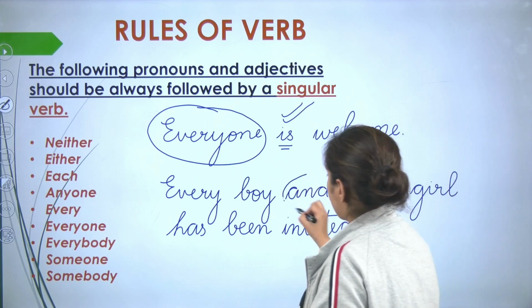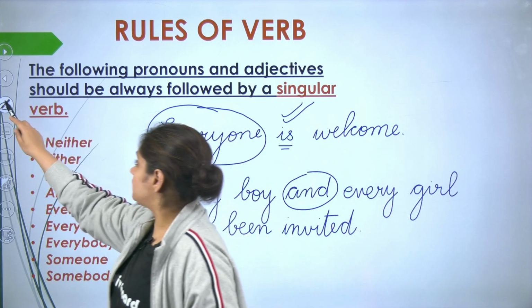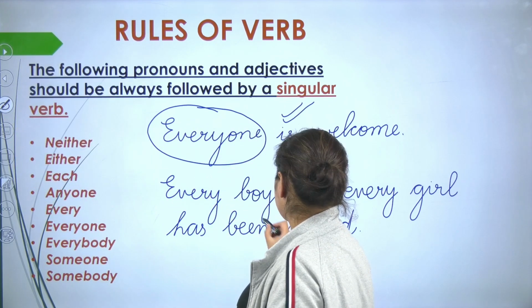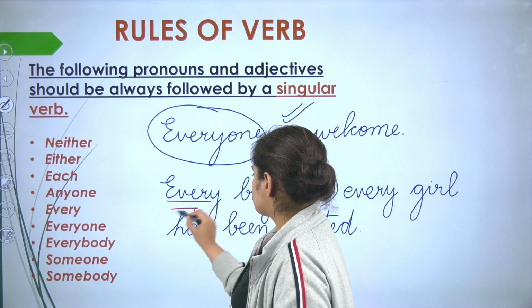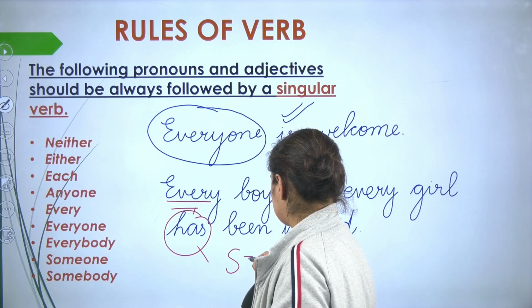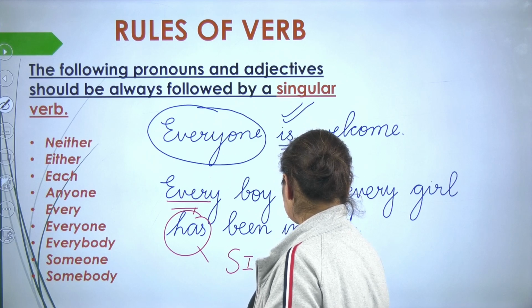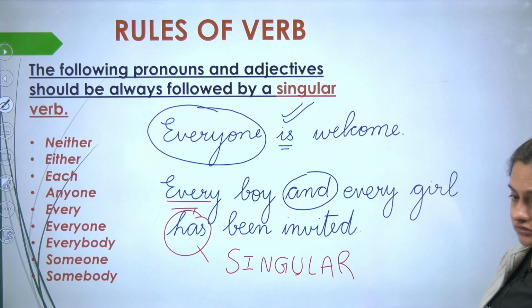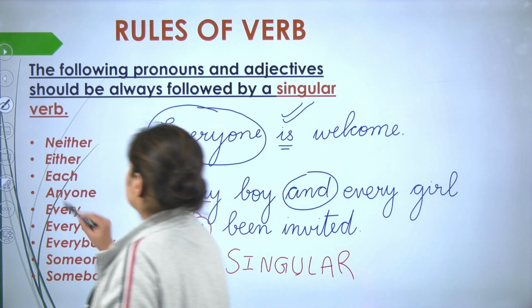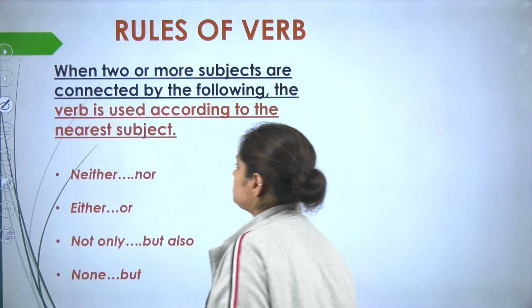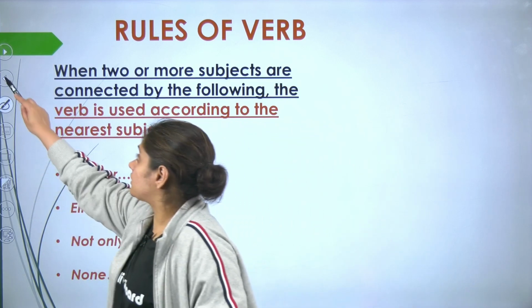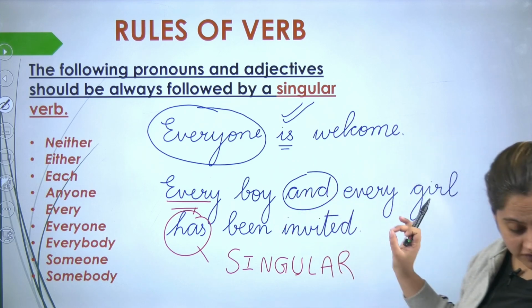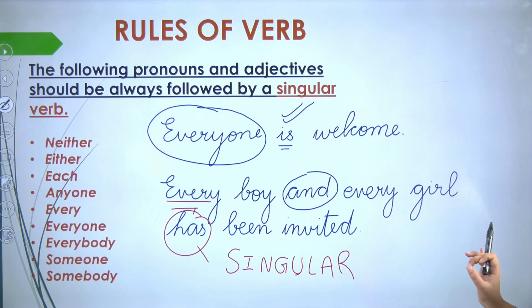Though it is connected with and, every is written. So every is written, what will you correct here? With every, we always use singular. So has becomes your singular part. Okay, chalo, next question. Guys, remember here, even though two subjects are there, don't get confused, and is there, but if every is written, you have to treat it singular.